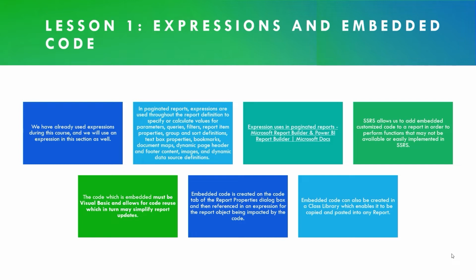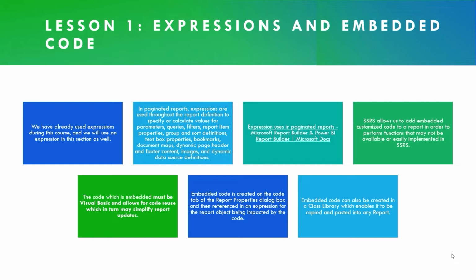In addition to expressions, SSRS allows us to add embedded customized code to a report in order to perform functions that may not be available or easily implemented in SSRS. The code which is embedded must be Visual Basic and allows for code reuse, which in turn may simplify report updates.